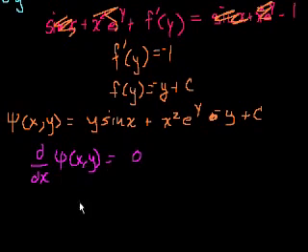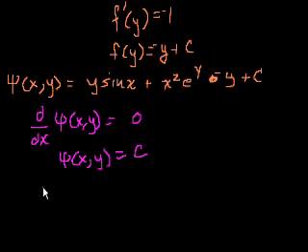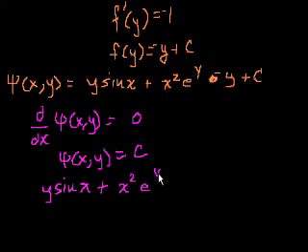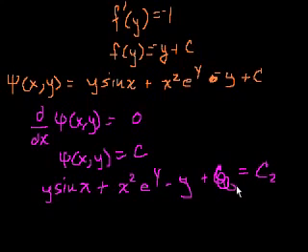Or if you were to integrate both sides of this, you would get that xi of x, y is equal to c is a solution of that differential equation. So we could say y sine of x plus x squared e to the y minus y, plus this c, you call that c1, is equal to c2. Well, you can subtract the c's from both sides and just be left with the c at the end. But anyway, we have solved this exact equation.